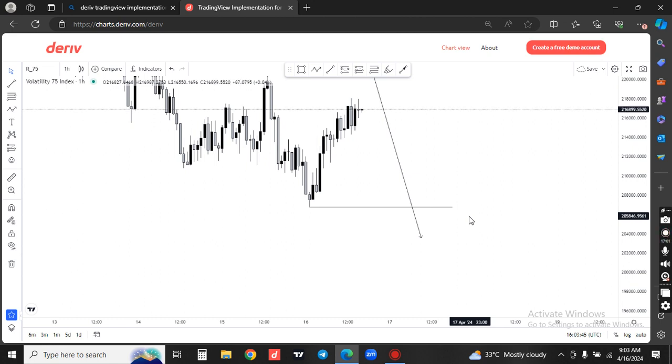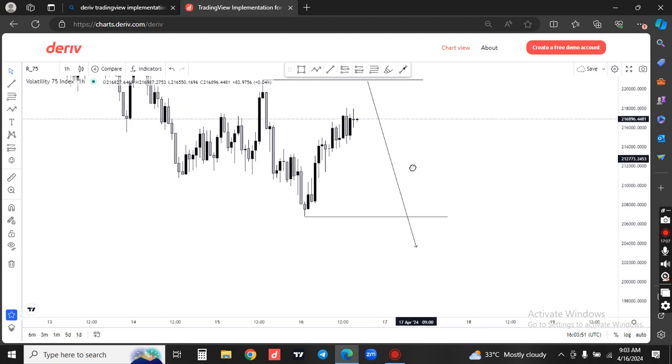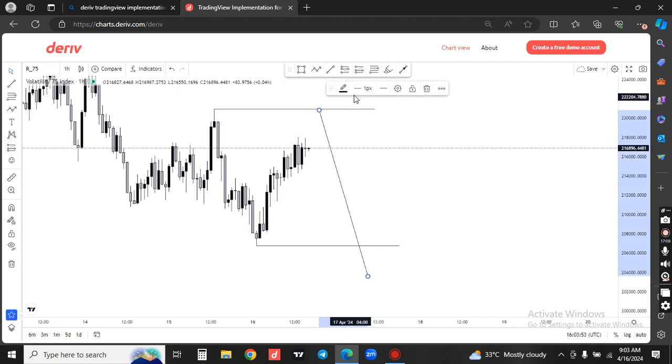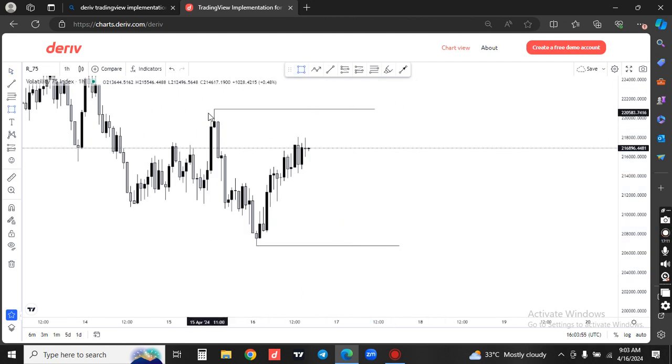So remember, all we are doing is trying to break the low of the lower time frame. So this is it. Just mark out your orders, your order block, and then wait for price to mitigate this order block.